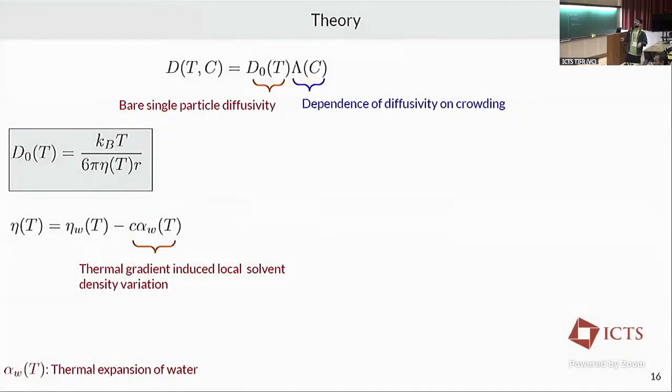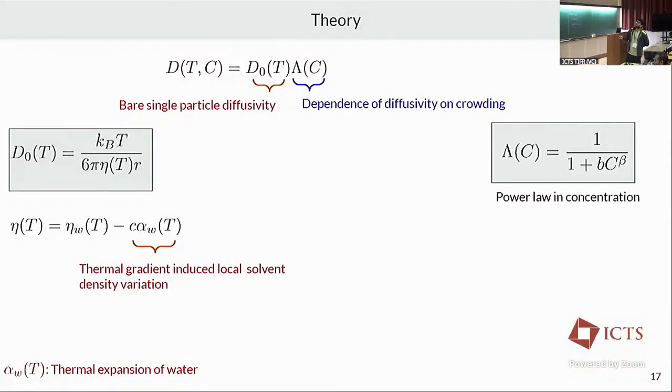This viscosity of water also has some small correction because of the presence of thermal gradient, and this correction is proportional to the thermal expansion of water. Plus, for the concentration dependence of diffusivity in the model, we have taken it to be a power law, where beta is some exponent of the concentration, and B is some reference.